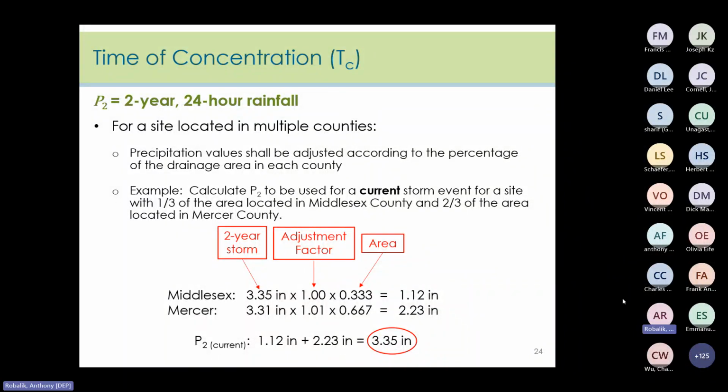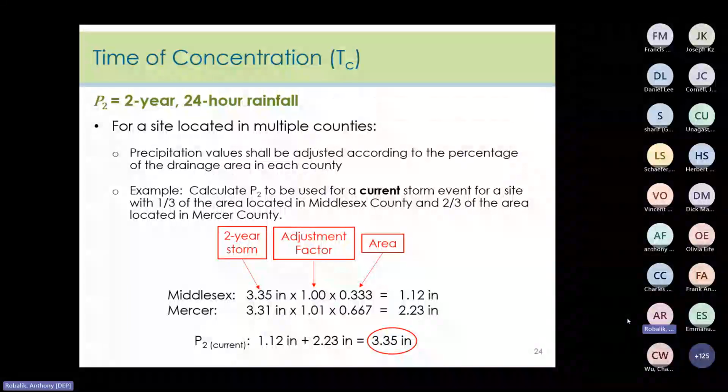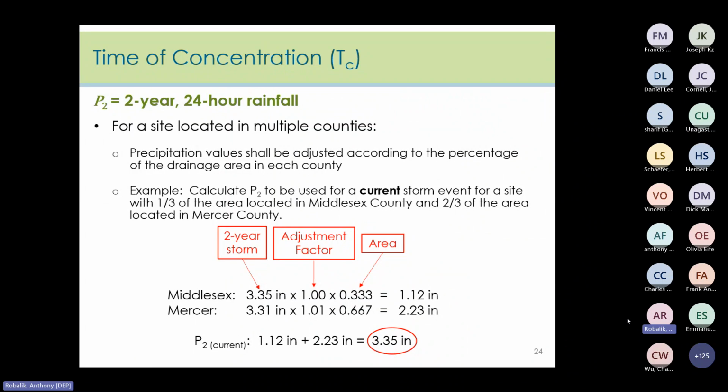So as an example, if we were looking to calculate a sheet flow travel time to ultimately serve as input for modeling runoff from a current storm event, and we have a site where, say, a third of the site is located in Middlesex County and the remaining 2/3 is located in Mercer County, the first thing we would do to calculate the P2 variable is obtain the 2-year rainfall depths for each of the counties from either NOAA or the county rainfall data.